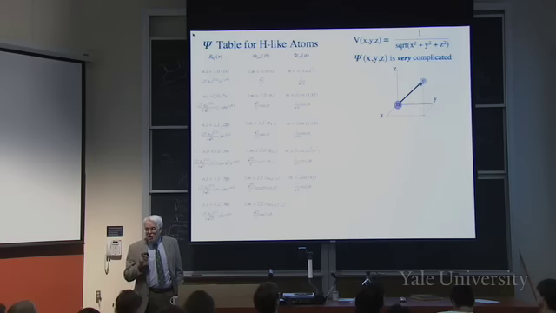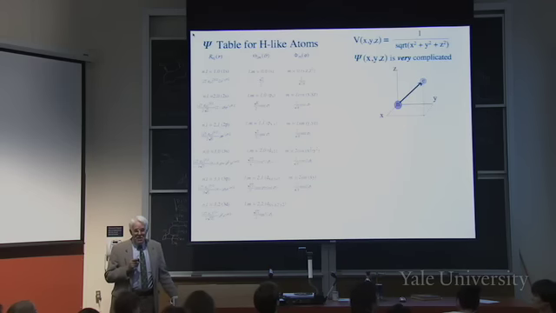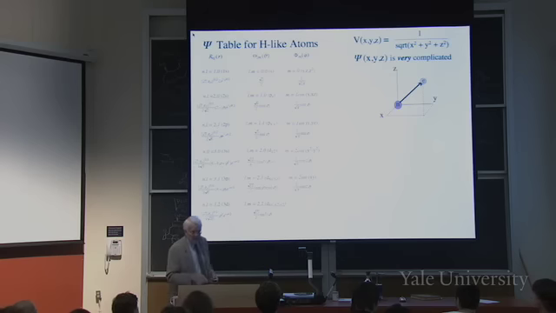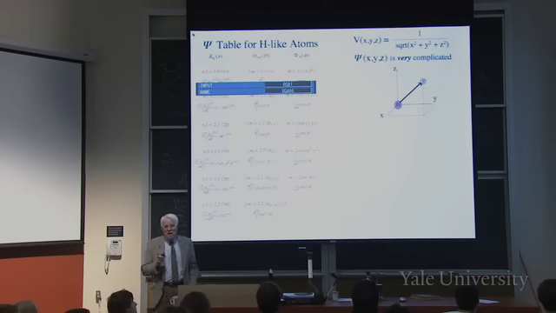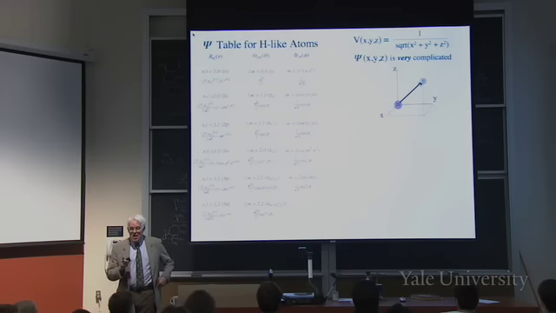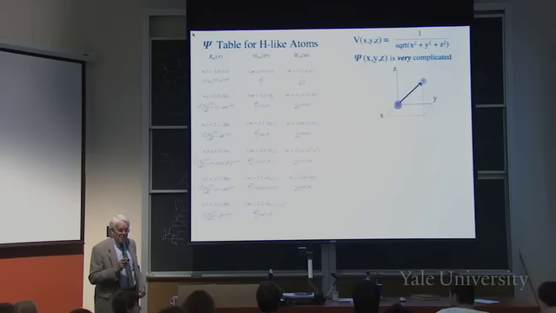But there's a clever way to get around this. Do you know what that way is? What's the clever way of getting around this? The clever way of getting around it is to change the coordinates, the system that you're using, to one that's more natural for the problem.